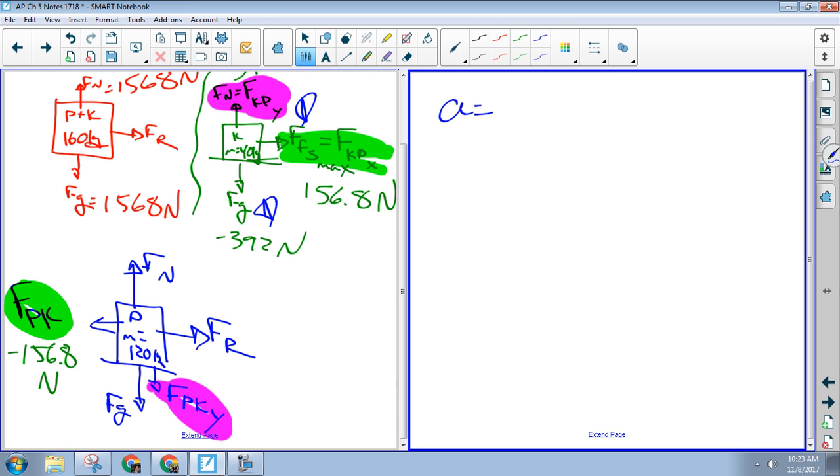What we've decided is that the maximum acceleration we can give the kittens is 3.92. Since the goal is to have them not slide, the peanuts underneath them also need to be moving at 3.92. You good up to there, Adam? All right, so the acceleration of our peanuts is 3.92 meters per second squared.